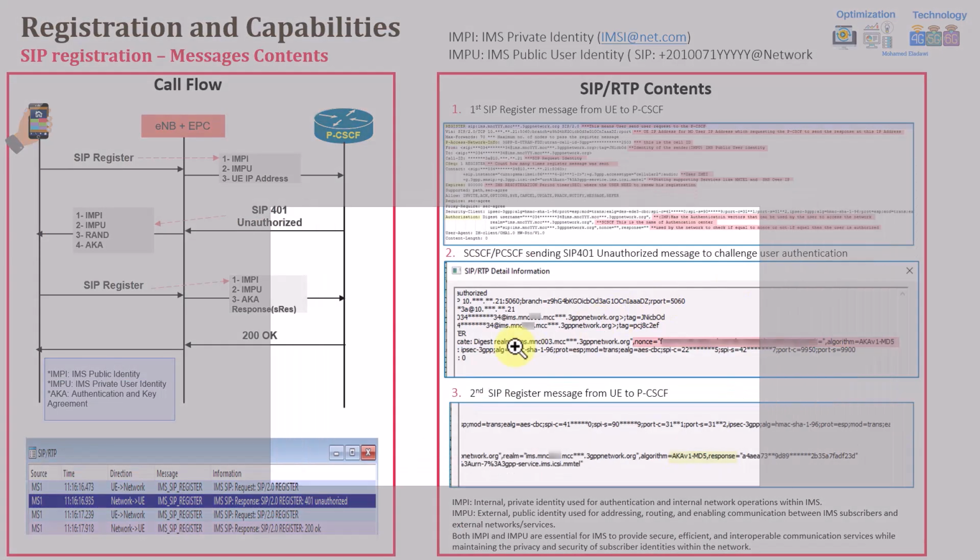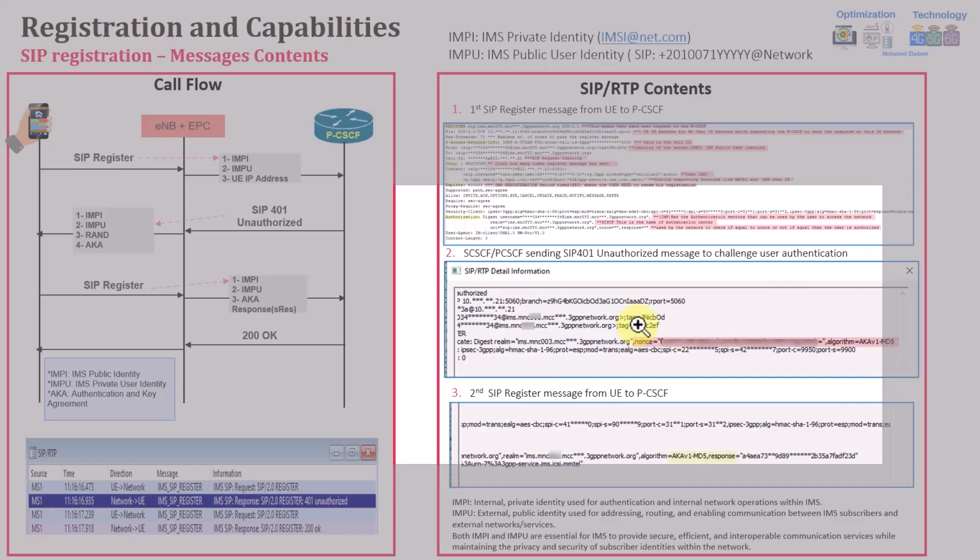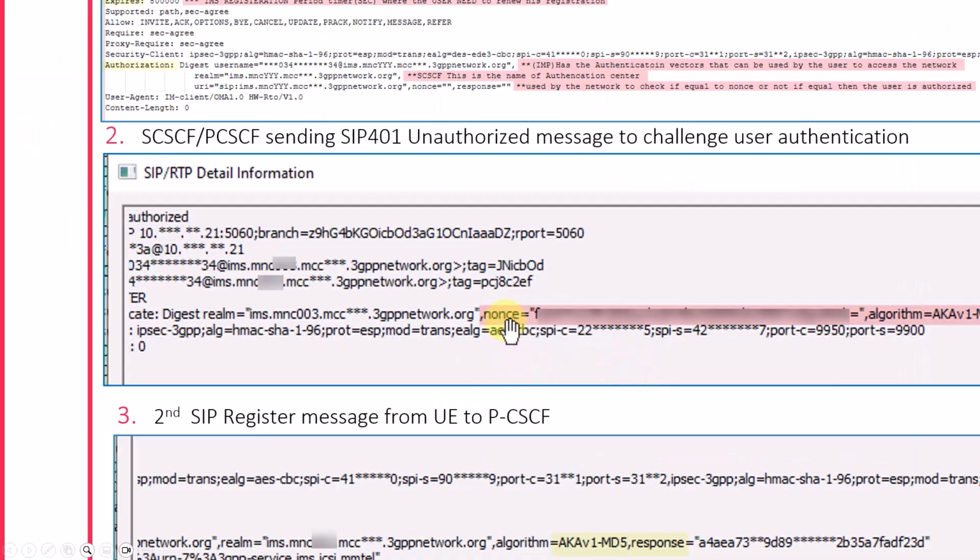And now the next one, which is the 401 Unauthorized. This one will contain something called nonce and other information, for example, the numbers and random numbers, which the user needs to compare to his own numbers to make sure whether he's authorized or not.